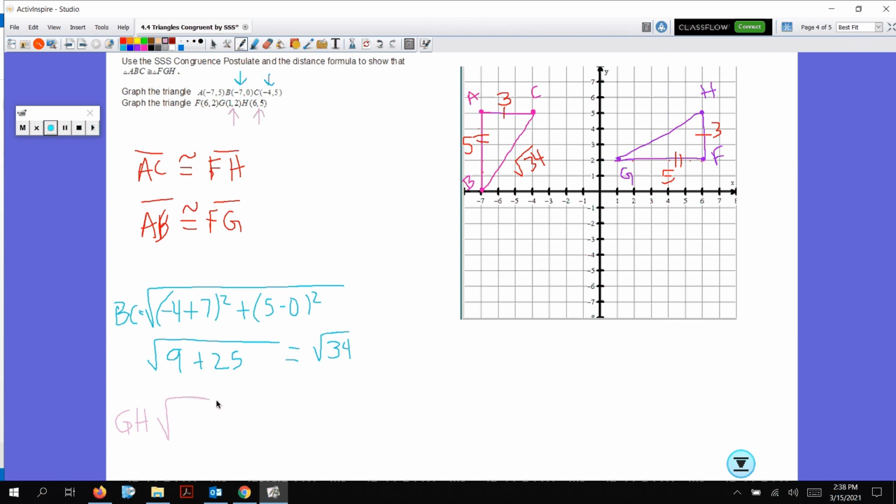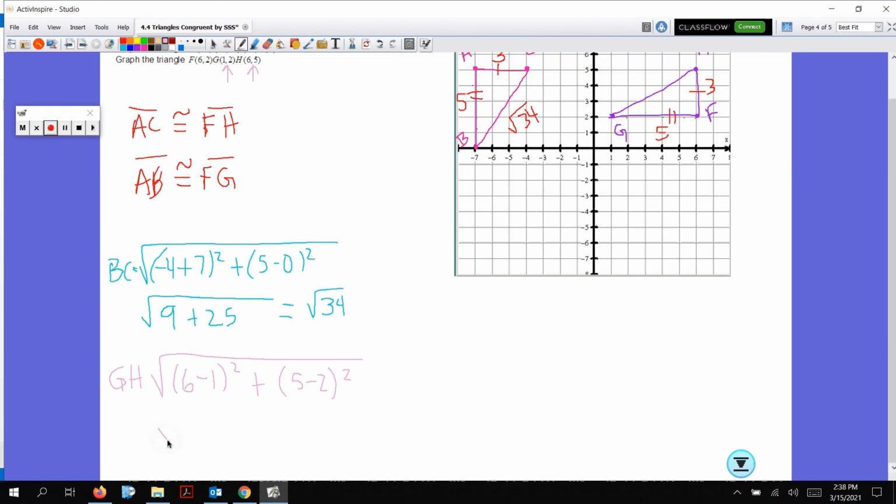We subtract, it's all underneath the square root. Subtract your x's, 6 minus 1, all of that squared, plus, subtract your y's, 5 minus 2, all of that squared. 6 minus 1 is 5, 5 squared is 25. 5 minus 2 is 3, 3 squared is 9. And 25 plus 9 is the square root of 34.